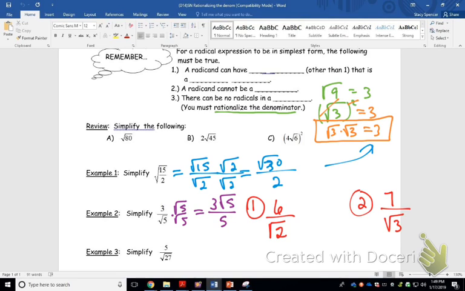Let's take a look at the first one, the 6 over the square root of 2. We cannot leave that square root in the denominator, so you multiplied by the square root of 2 on top and bottom. That leaves 6 times the square root of 2 over 2. Now, you should have learned in algebra that numbers can be classified.